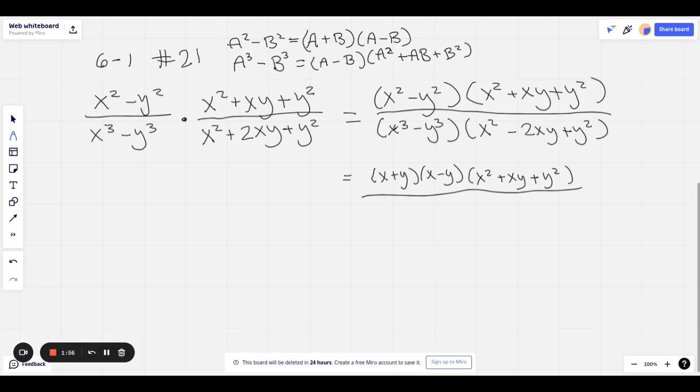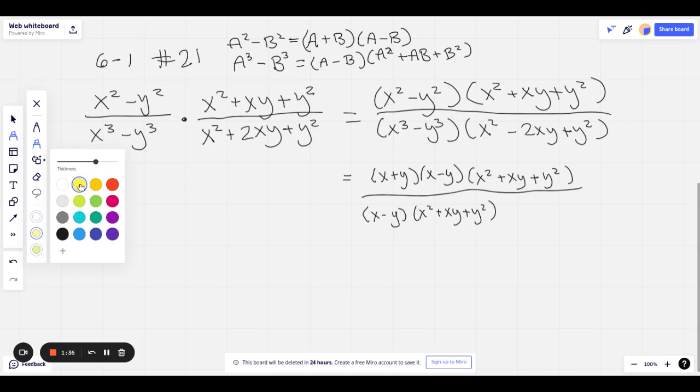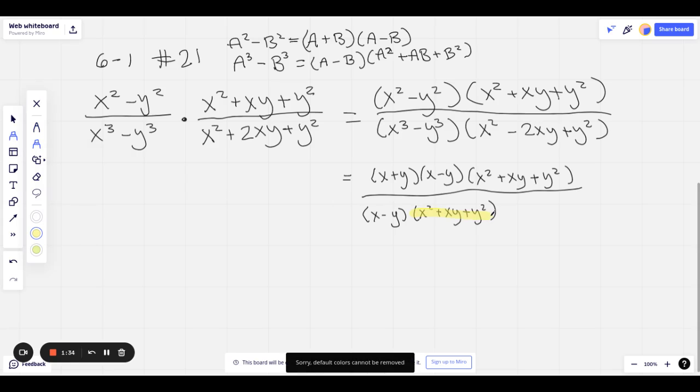So this x cubed minus y cubed is my a cubed minus b cubed. So instead of a's and b's, I'm going to write x and y's. Write x minus y, x squared plus xy plus y squared. Look at that. This right here that I just wrote, let me get my highlighter, is the same thing that's up there. So that's really good because we're going to want to cross that out later.